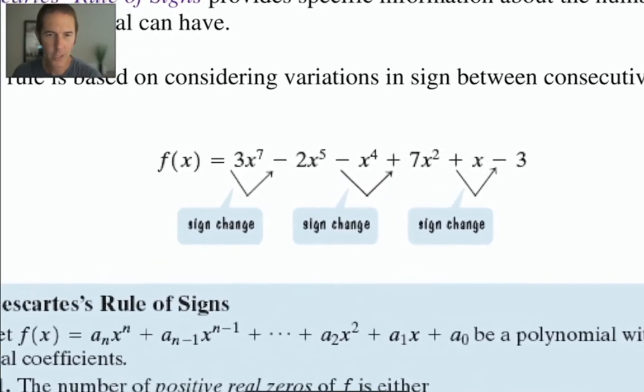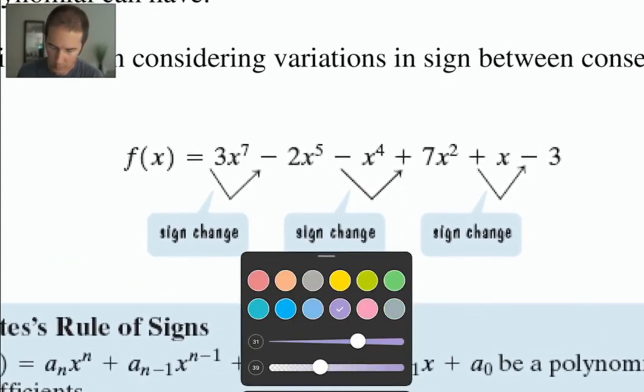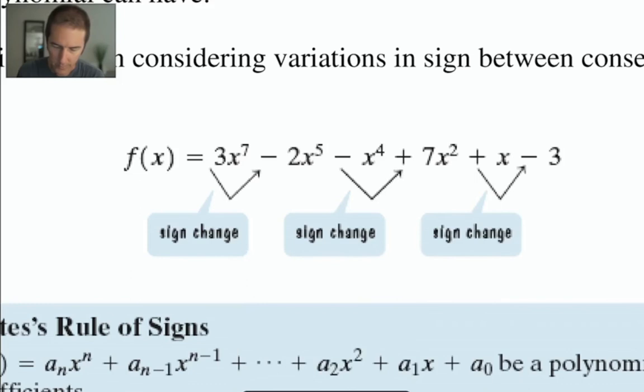When you've got your polynomial laid out like that, the next thing that you do is you start looking for sign changes. Our first term here has a leading coefficient of +3, and our second term has a coefficient of -2. So going from +3 to -2 constitutes a sign change. From negative to negative does not constitute a sign change.